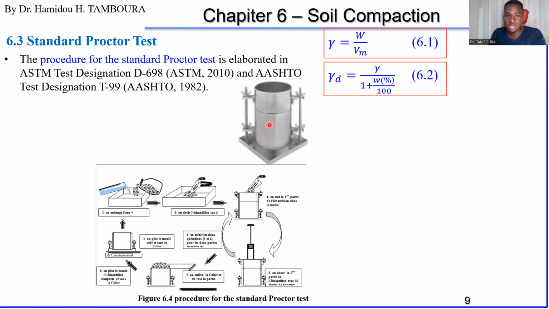So this one is about like this. In this one, it will be exactly like this. The extension, you have to use it in that case. Fix it very well, and you put the wet soil inside the mold. And then you start your compaction.